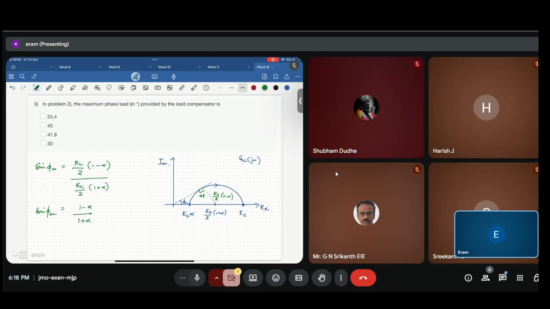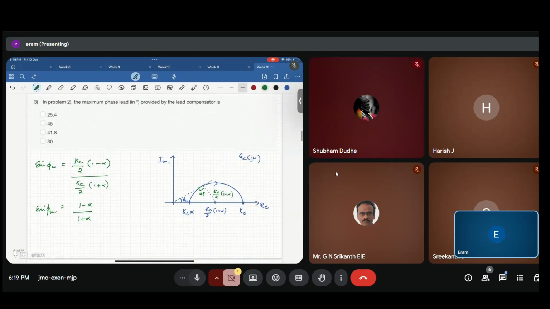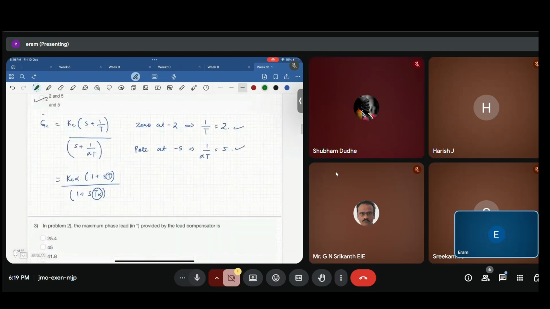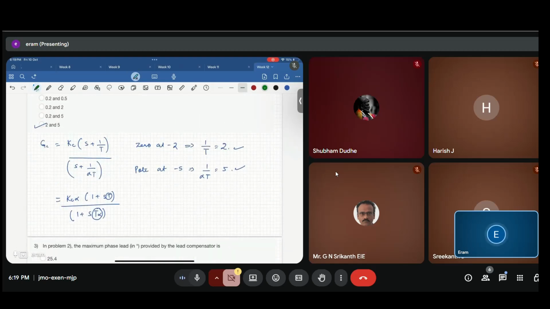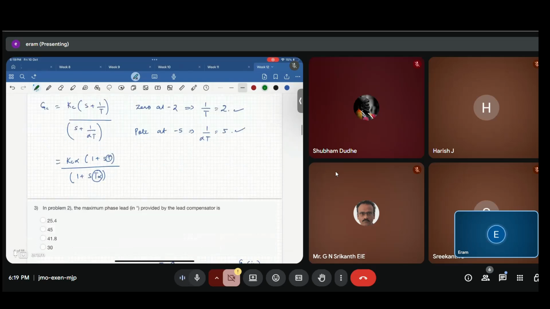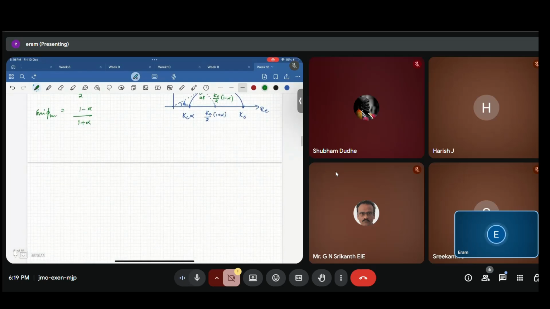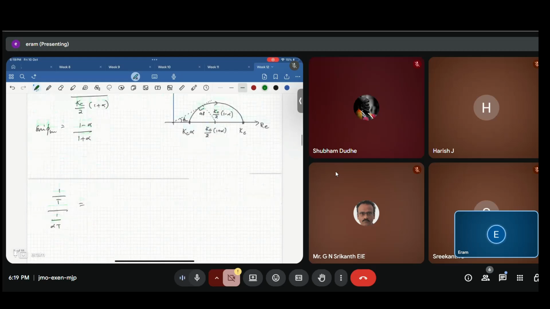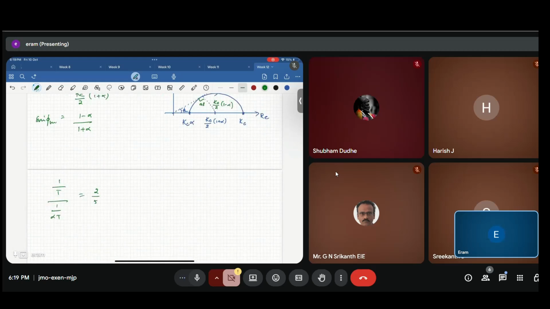Okay, but we are not given the value of alpha in this question. How can we calculate the maximum phase? What we are given is the value of 1 by T and the value of 1 by alpha T. So if we divide 1 by T with 1 by alpha T, which will be equal to 2 by 5, so this T will cancel and alpha will be equal to only 2 by 5.